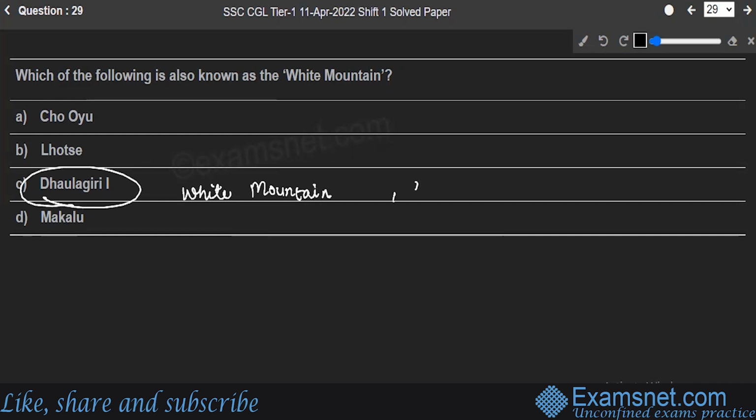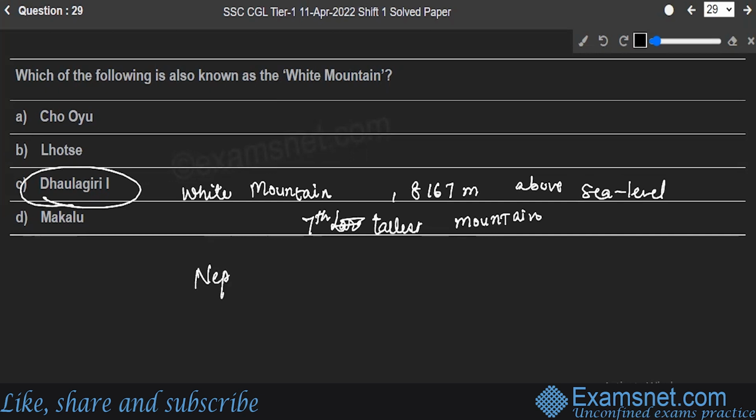It is situated 8,167 meters above sea level and is the world's seventh largest, sorry, not largest, tallest mountain and the highest mountain within a single country's territory borders, that is Nepal.